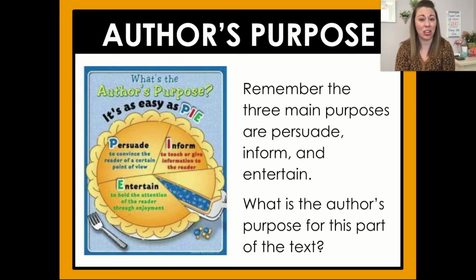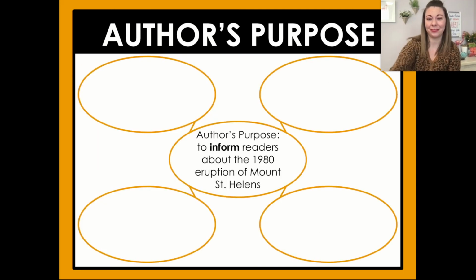They're giving us information about Mount St. Helens. And it's not entertain this time. It's not to hold your attention or give you enjoyment, although if you're interested in volcanoes, this could be enjoyable as well. So our author's purpose is to inform readers about the 1980 eruption of Mount St. Helens. So next, we want to use details from the text to support this purpose.